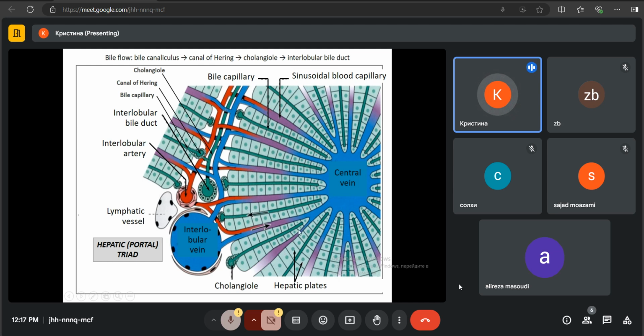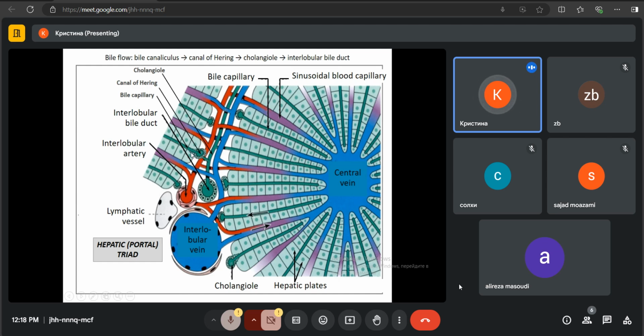So these are the plates of hepatocytes. Between the plates of hepatocytes, there is the bile capillary or bile canaliculus. This arrow shows the way of the bile flow. So it flows from the center, always between the hepatocytes, to the periphery, then into the canal of Herring.